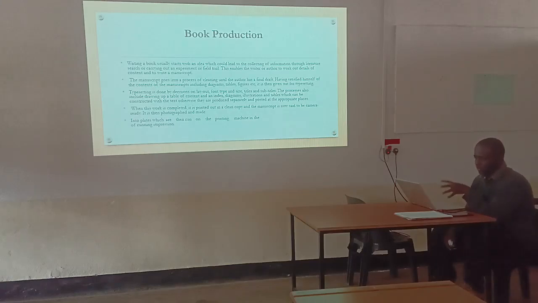Here, just briefly say that the process of writing a book starts with somebody who's going to have an idea, which will lead into the collection of information through literature or through whatever is available, or experiments.